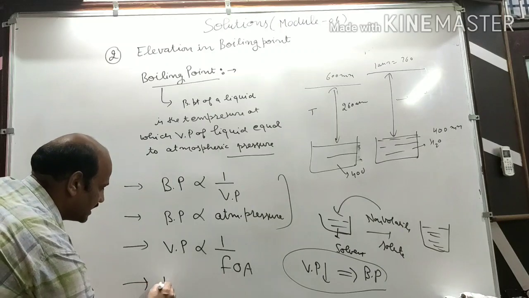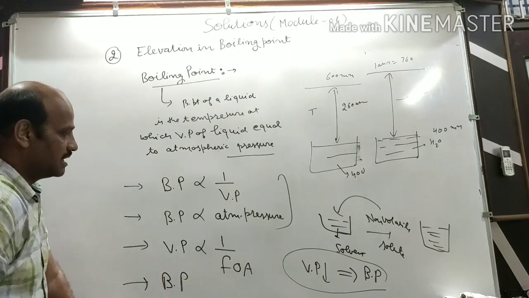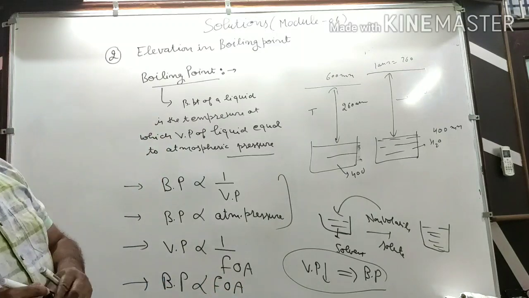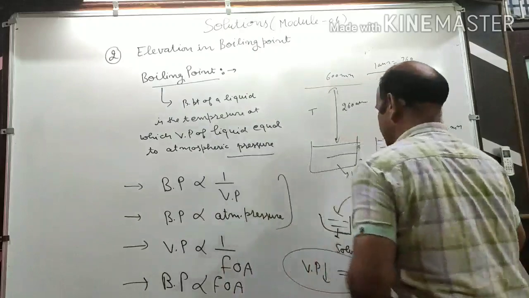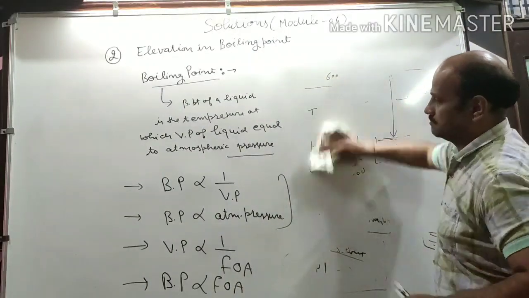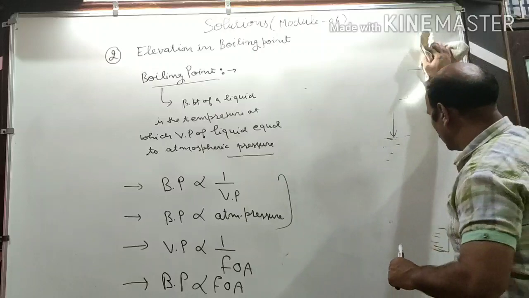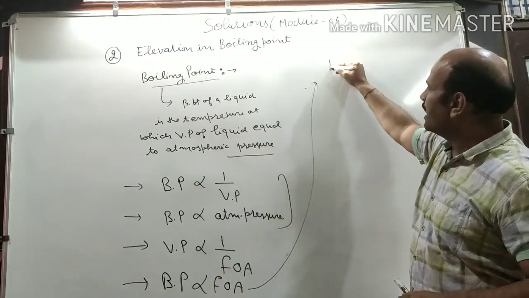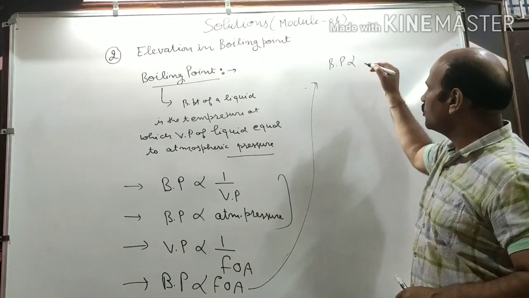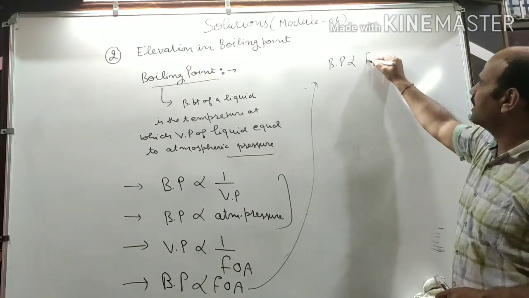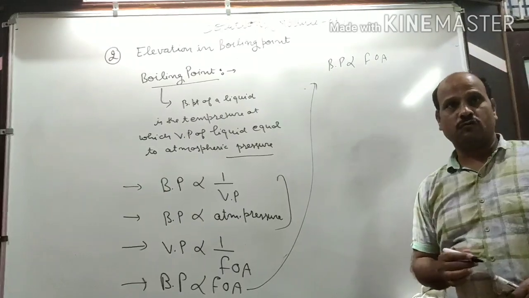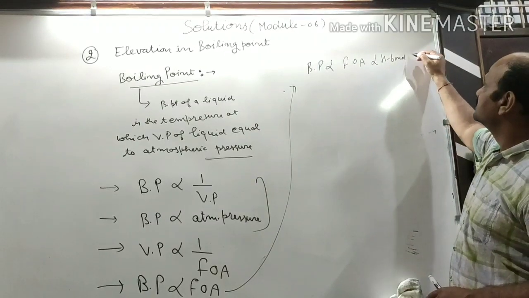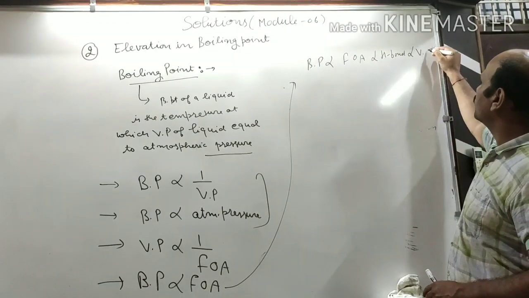From here also we can say boiling point depends upon force of attraction. And in force of attraction, you have to consider H bonding first, then you consider van der Waals force.